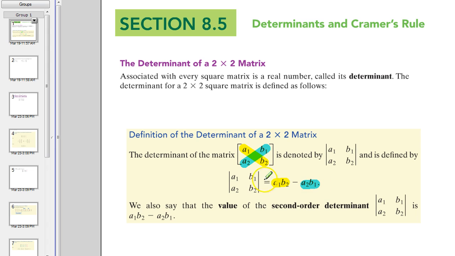Okay, or A2 times B1, if you want to keep it alphabetical order. And we subtract those two. So subtract those two products, and always the main diagonal, upper left, bottom right, minus the off diagonal, upper right, bottom left. So once you subtract that, that's the determinant of the 2 by 2 matrix.